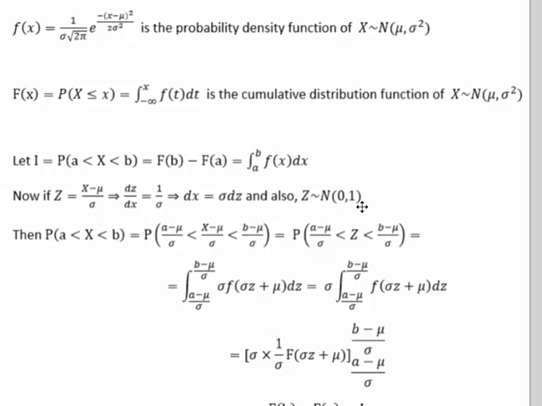Now, if you look closely here at the consequences of the integration substitution, you will see sigma z affects a horizontal stretch of 1 over sigma, and sigma outside the brackets affects a vertical stretch of sigma.